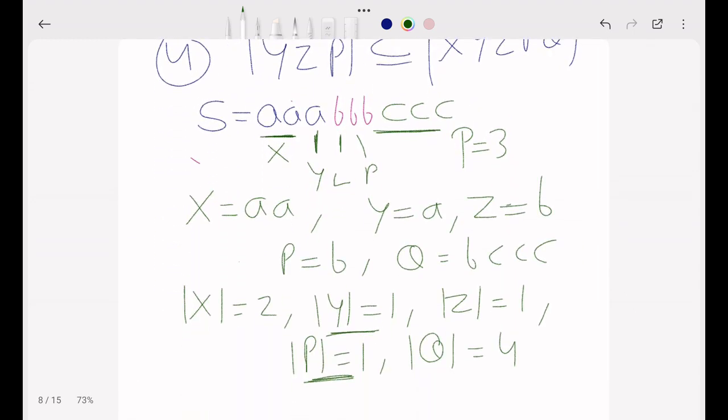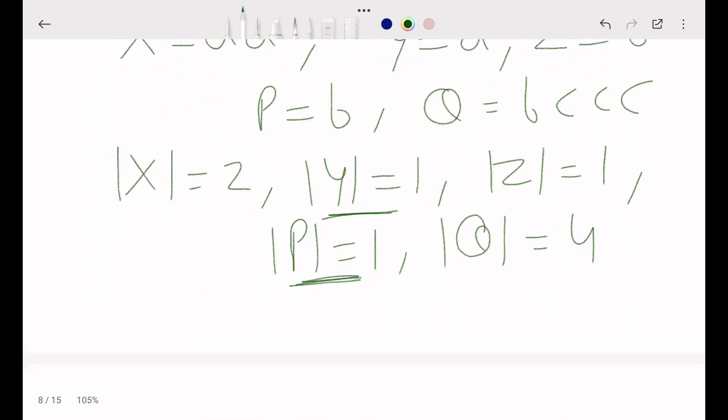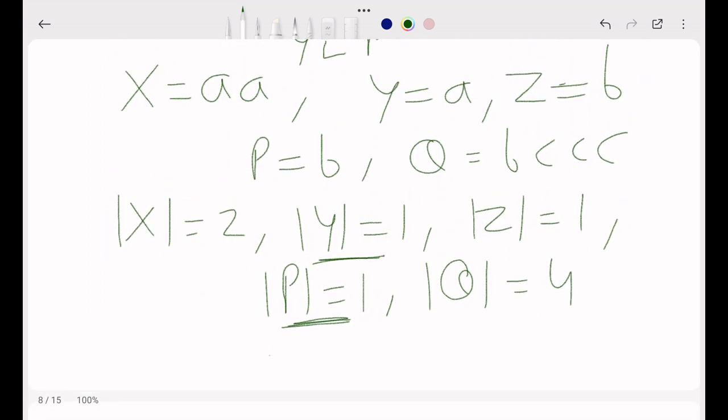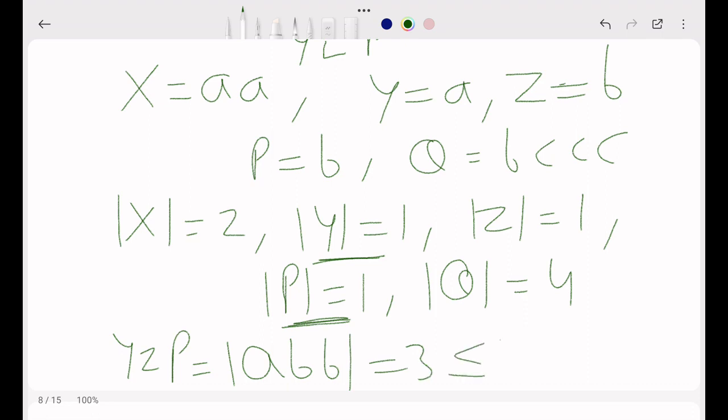Now |yzp| is less than or equal to p. What is y? y is a. z is equal to b and yzp is equal to b. This length is equal to 3 and it is less than or equal to 3.